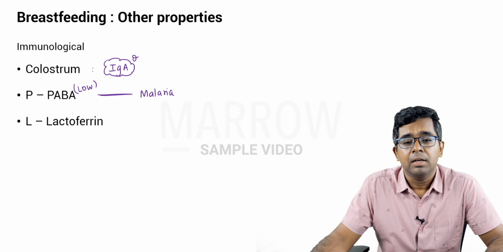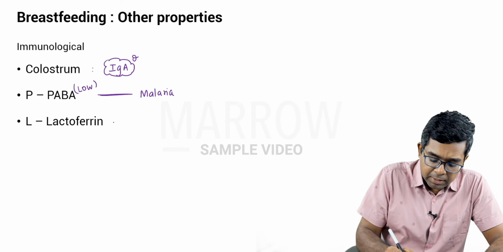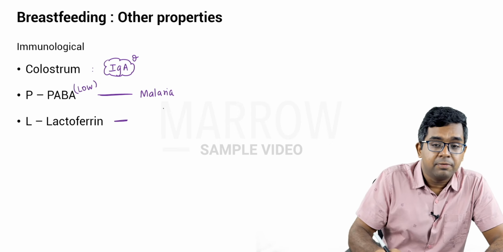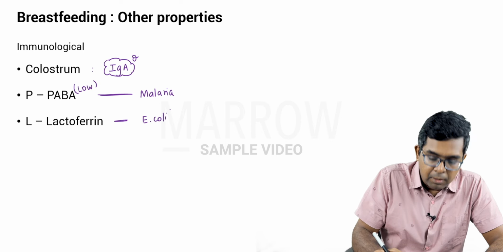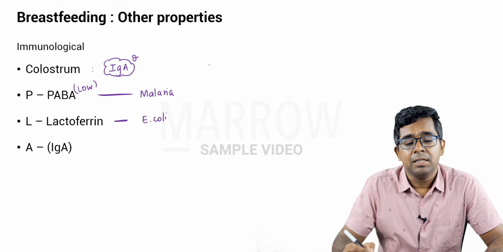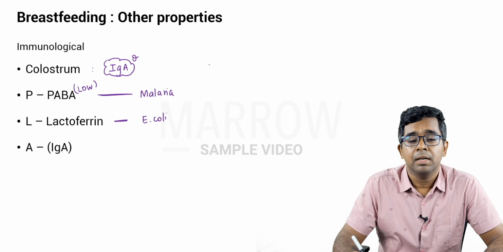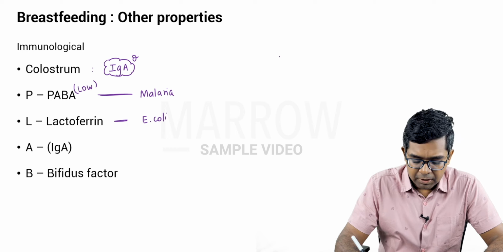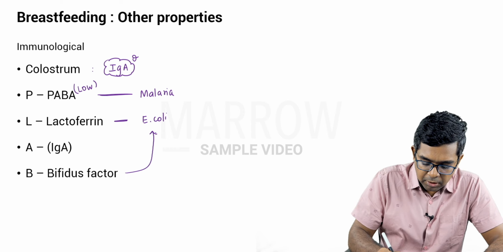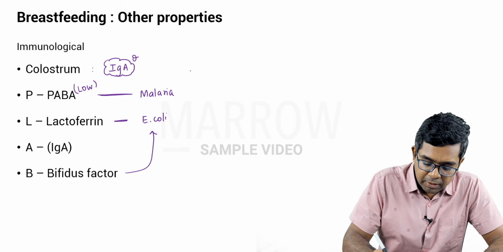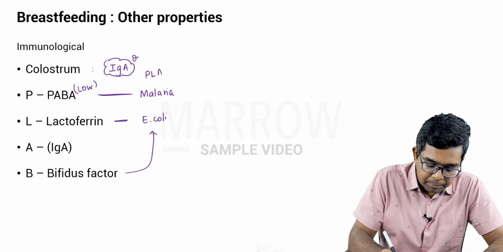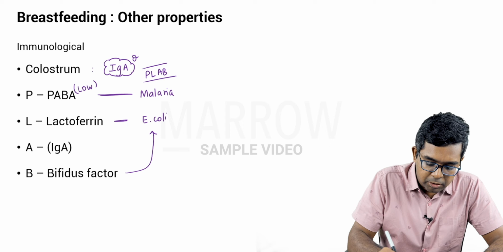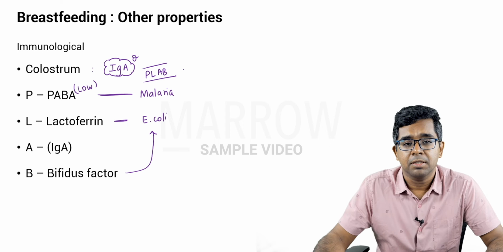Then L for lactoferrin, which is an antibacterial substance, and it is very important against the growth of E. coli. Then A is the IgA, which I have already told you. Then last one is B for bifidus factor, which is again protective for E. coli infection. This is what we can remember the immunological substance in the breast milk as PLAB. That's a mnemonic to remember the immunological substance in the breast milk.